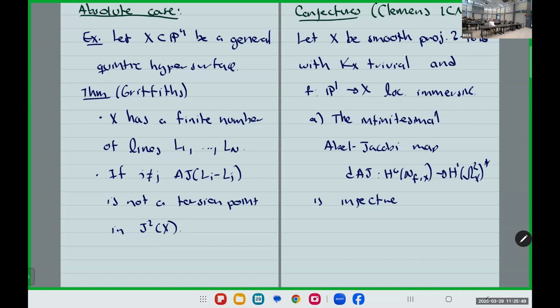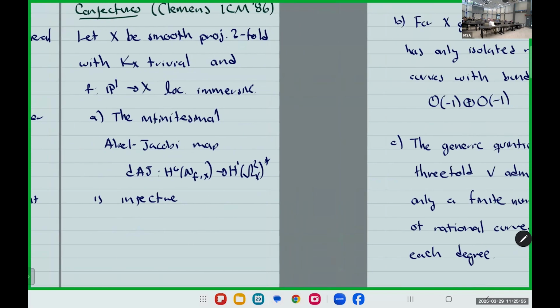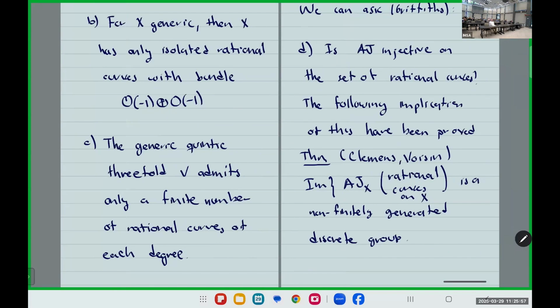So the first conjecture is that the infinitesimal Abel-Jacobi map is injective. We have a second conjecture that says that for X generic, X has only isolated rational curves with O(-1) plus O(-1) normal bundle. And then the generic quintic threefold admits only a finite number of rational curves of each degree.